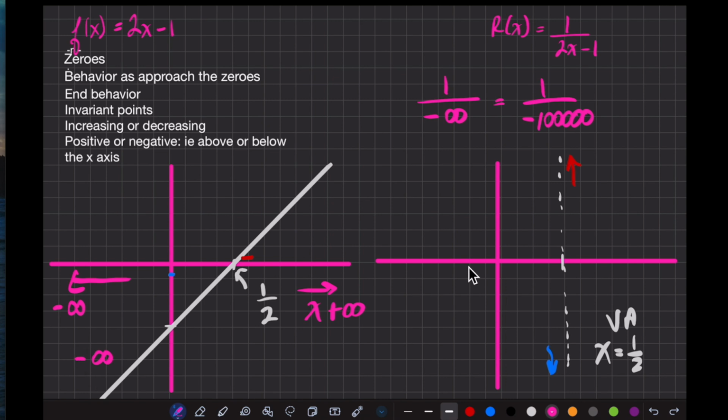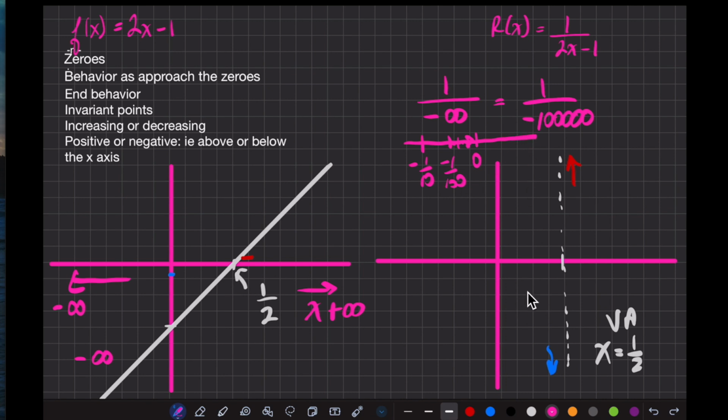So as our graph heads towards negative 1 over 100,000. All right, if we look at a number line here, and this is 0, and we're at negative 100,000, it's getting very, very close to 0 from the negative side. Here's negative 1/10. Here's negative 1/100. Here's negative 1 over 1,000,000. You're heading towards 0 from the negative side on your reciprocal graph.